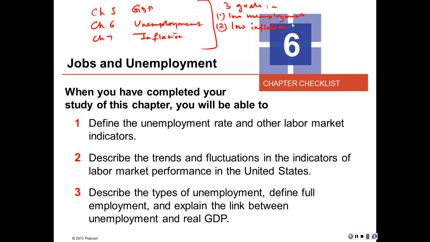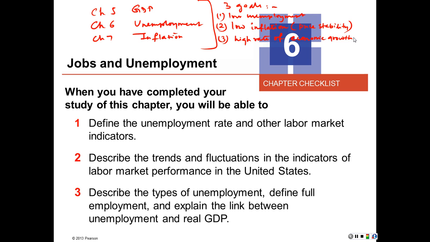They would like to see price stability. So price stability is another important macroeconomic goal. And the third goal is to have a high rate of economic growth. So these are three macroeconomic goals, and they all relate to chapters 5, 6, and 7.